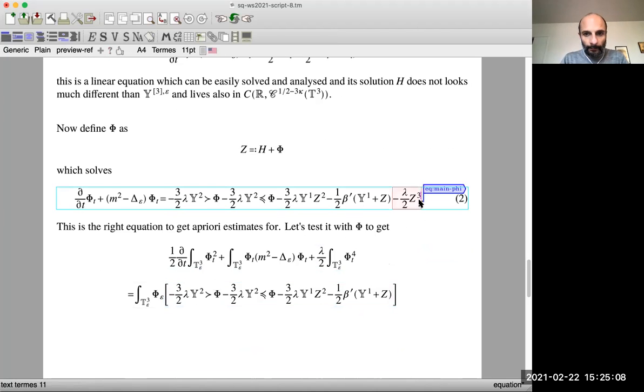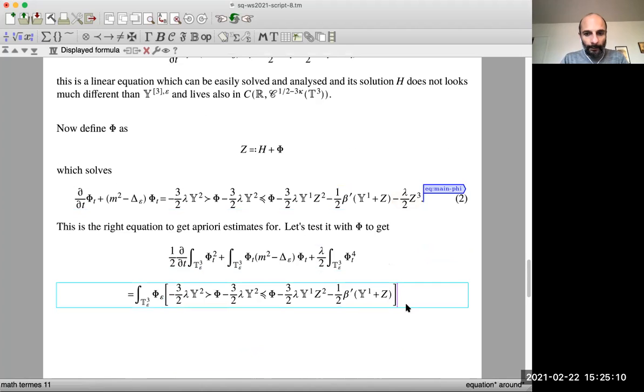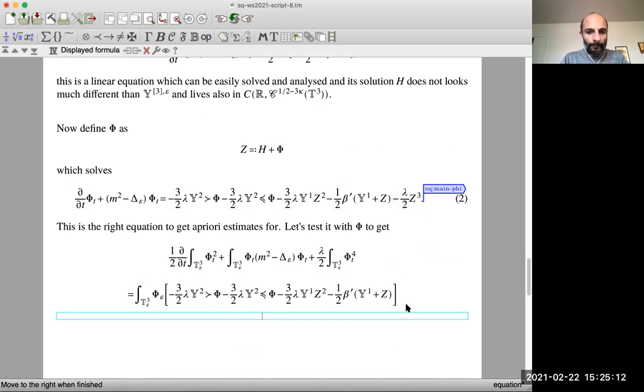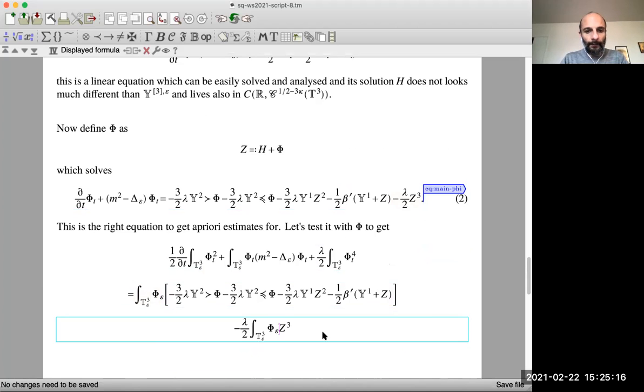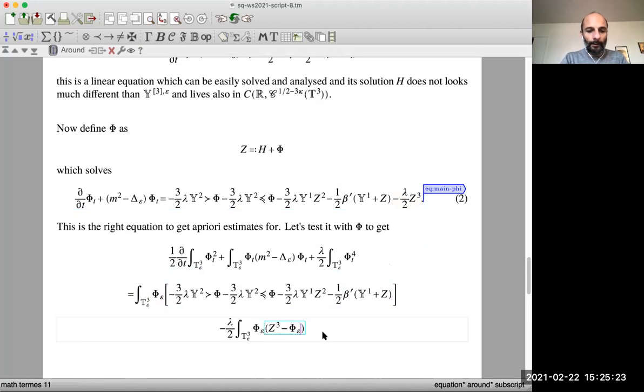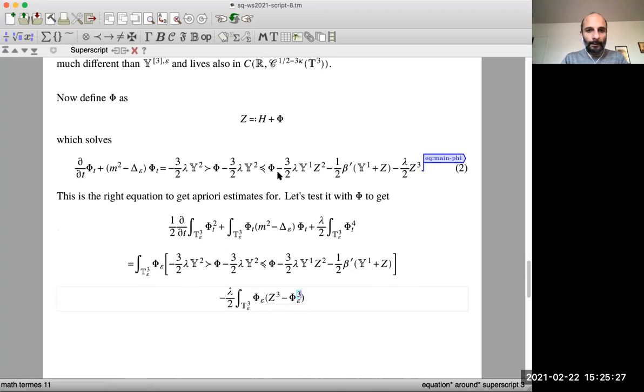And then you will also have this term. Sorry, let's write down everything. It looks like this. I put phi to the power 4 on this side, so you really have to write like this, and z is h plus phi.